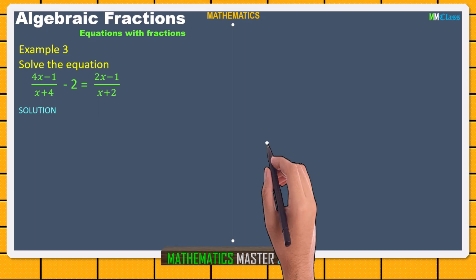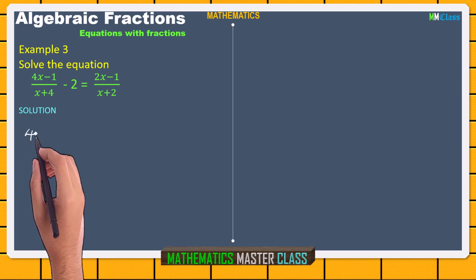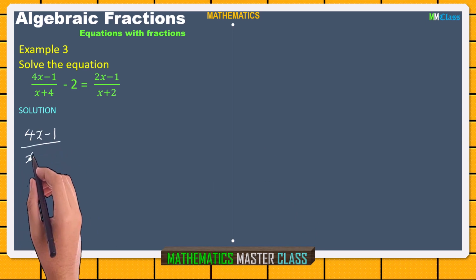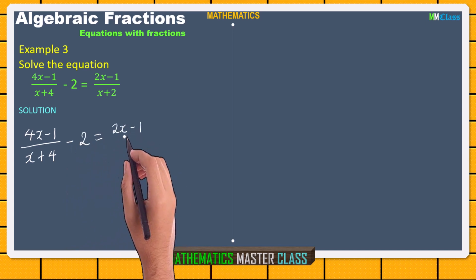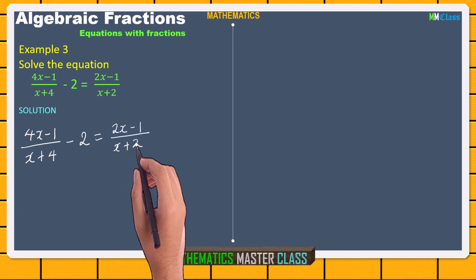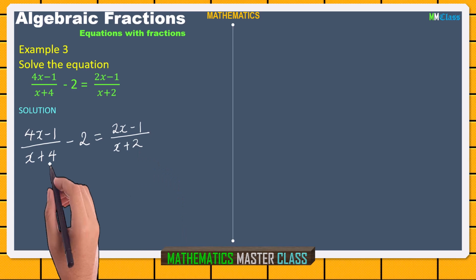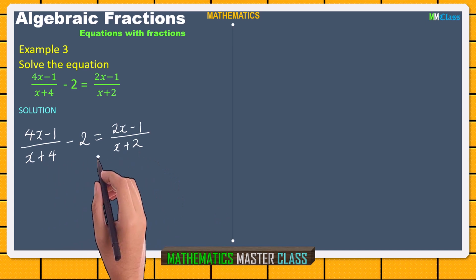Example 3. Solve the equation (4x minus 1) over (x plus 4) minus 2 is equal to (2x minus 1) over (x plus 2). So the first step again is to clear these fractions. We are going to use the denominators of the two fractions to clear it.